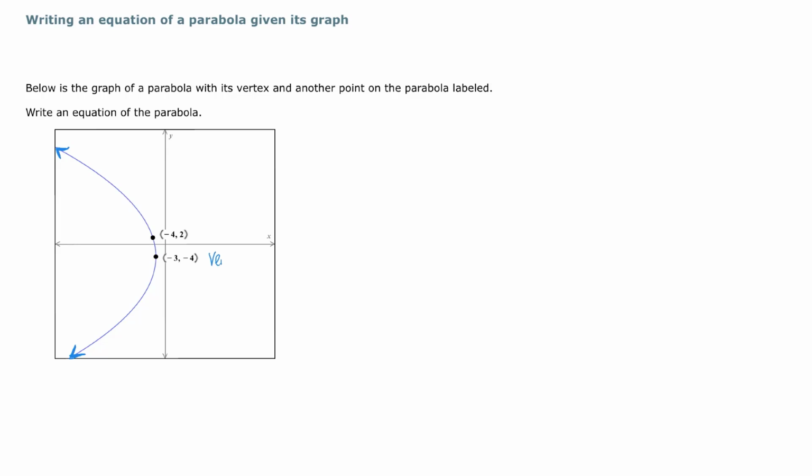This right here is the vertex. And since it's opening to the left, we know that this has the form x minus h is equal to a times the quantity y minus k squared. A is going to be negative.